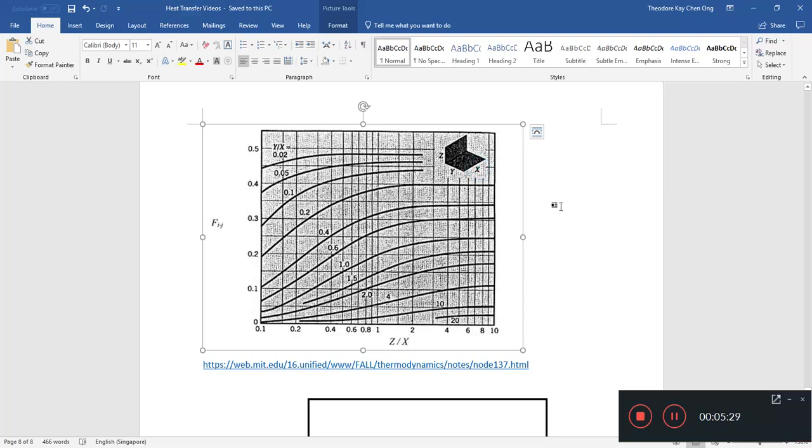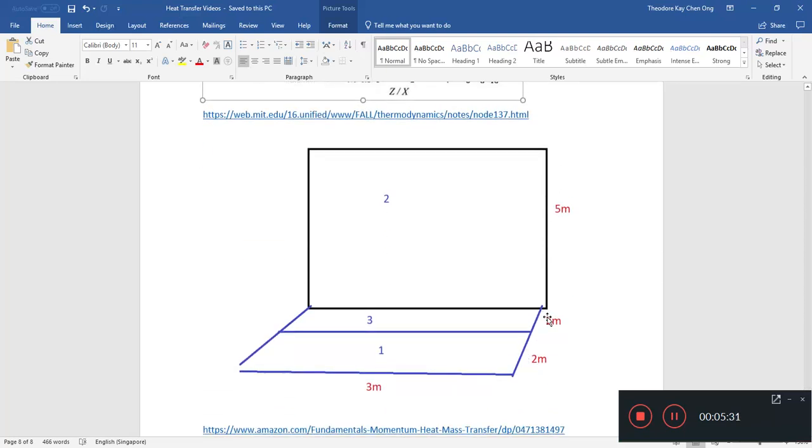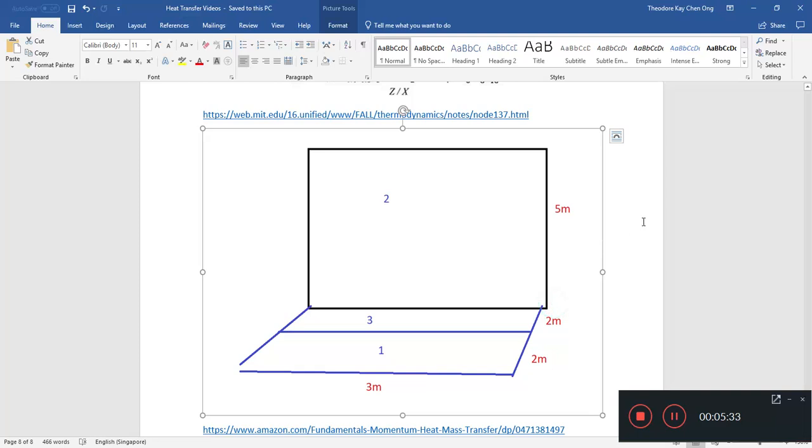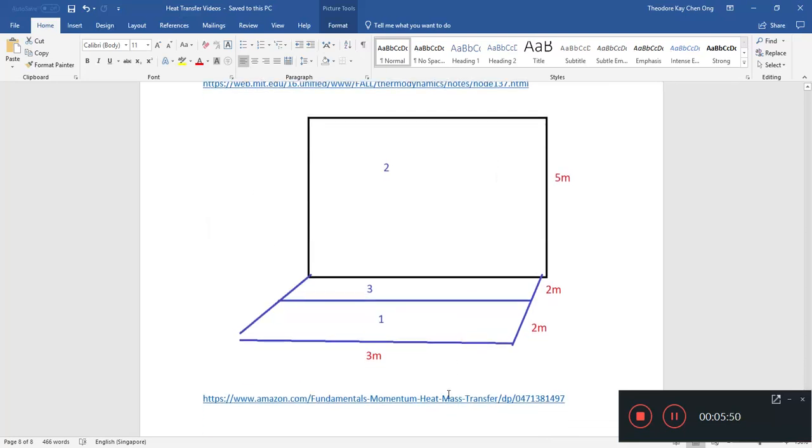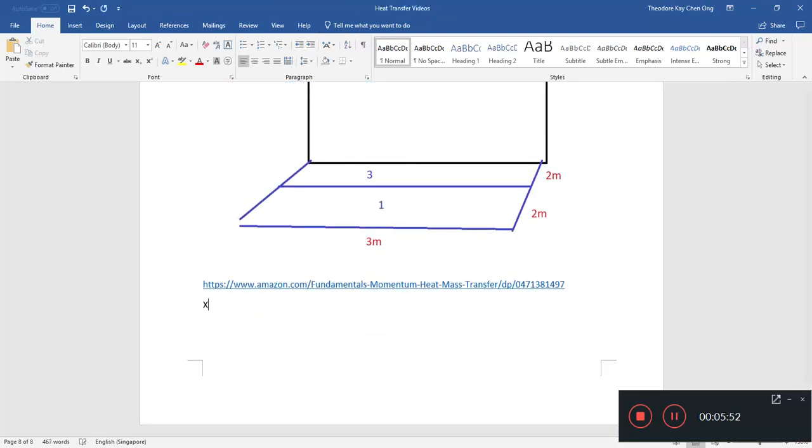They don't give us half of the plane, but we have this dimension being 5 meter, this plus this being 4 meter, and this dimension being 3 meter. So x is 3 meter, y is 4 meter, z is 5 meter. Let's write x equals 3, y equals 4, z equals 5.